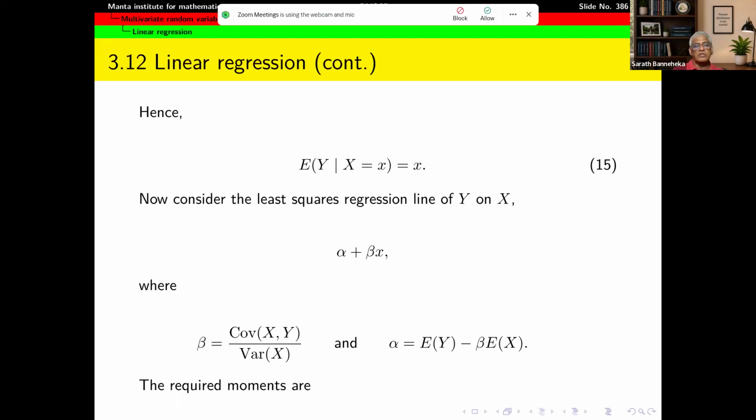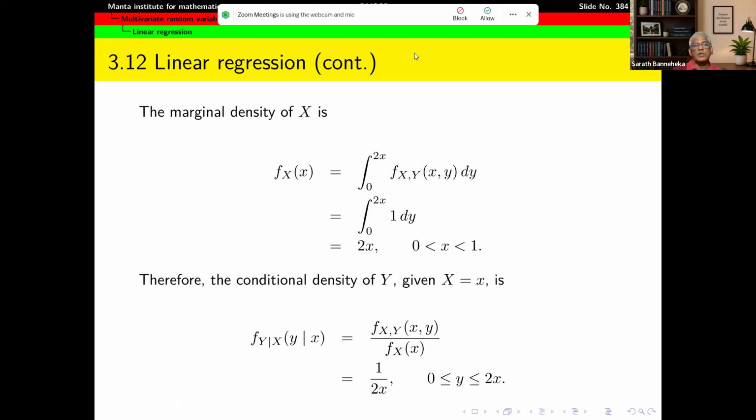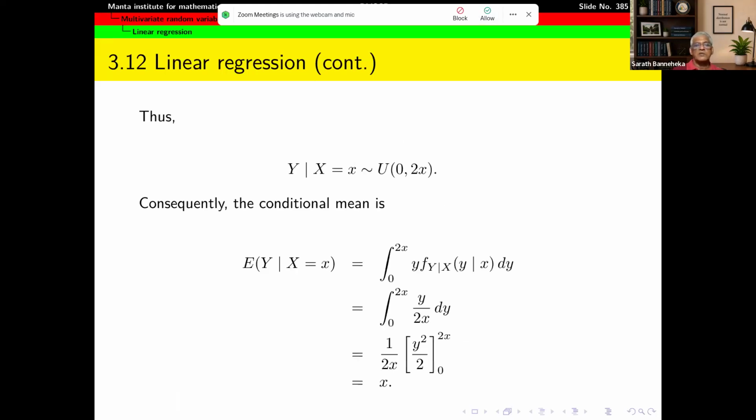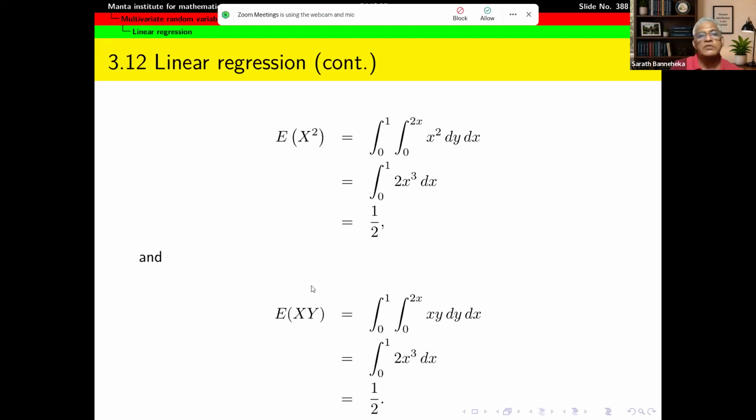Once you know the marginal density, you can get the expected value of x very easily. So I'm not going to explain those things. The expected value of x and the expected value of y are the same in this case, because the support is a symmetric triangle and the density function is uniform.